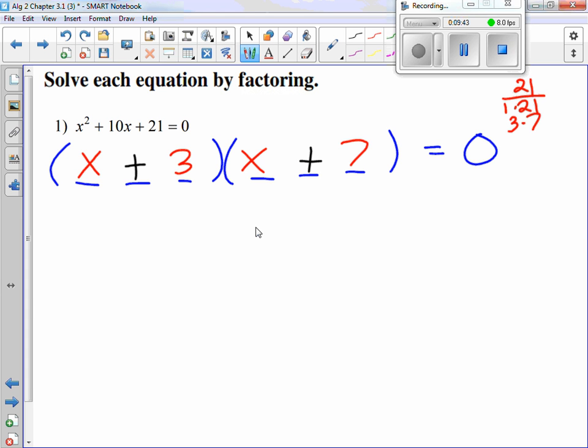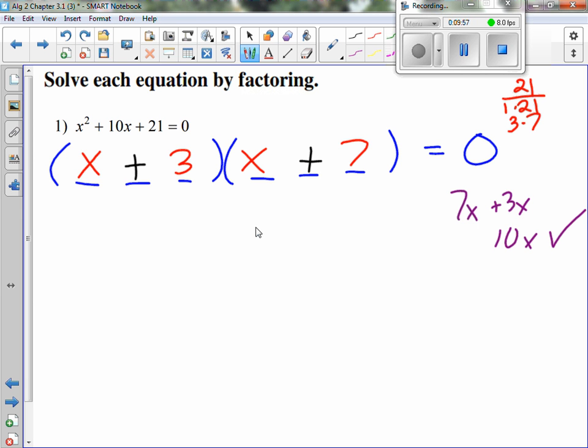I'm going to draw the lines in my head that we normally did to connect the two. So mentally doing x times 7, which is 7x. 3 times x is plus 3x, which gives us an x, is what we wanted, yes? So I do the check to the side of the paper so it doesn't get in the way of the work as we're solving, because this here did work, yes? So these are our correct factors.